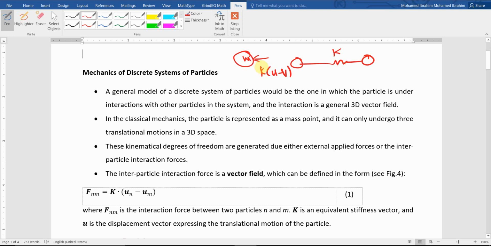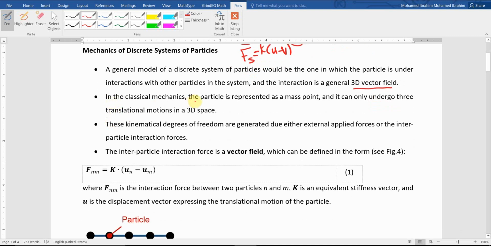It is a vector, but just in one dimension. But in a general representation of the mechanics of particles, this spring force would be a 3-dimensional vector, not just a one-dimensional vector as we explained in the diatomic or monoatomic lattice models.